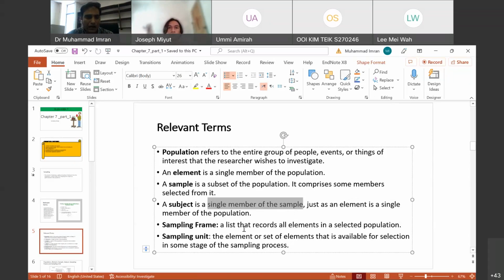Later we will also discuss the sampling frame. The sampling frame is the list of the population that has all the details, such as name, phone number, and so on. Basically, the population is divided into two types: random, or probability sampling, and non-random, or non-probability.